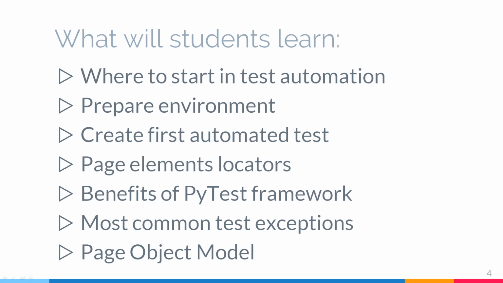We will review and learn different locator strategies. Students will learn benefits of using PyTest framework. We will reproduce most common exceptions, learn how to deal with them and avoid them in the future. And we will get familiar and learn how to use page object model.